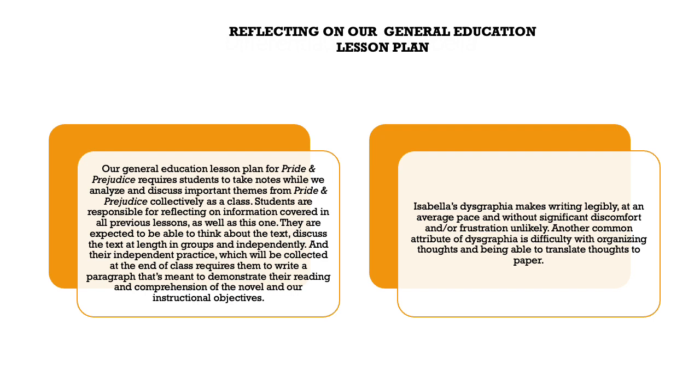As we are analyzing, students are discussing with each other and with instructors about important themes, historical contexts, characters, writing styles, and more. They are expected to think about the text, and discuss the text at length in groups and independently.